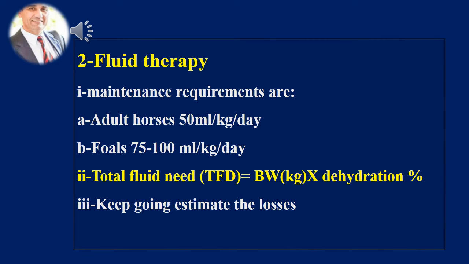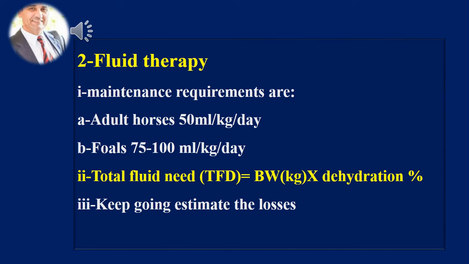Diseased horses in severe cases of equine influenza need fluid therapy. Maintenance requirements for adult horses are 50 ml per kilogram per day, and for foals 75 to 100 ml per kilogram per day.